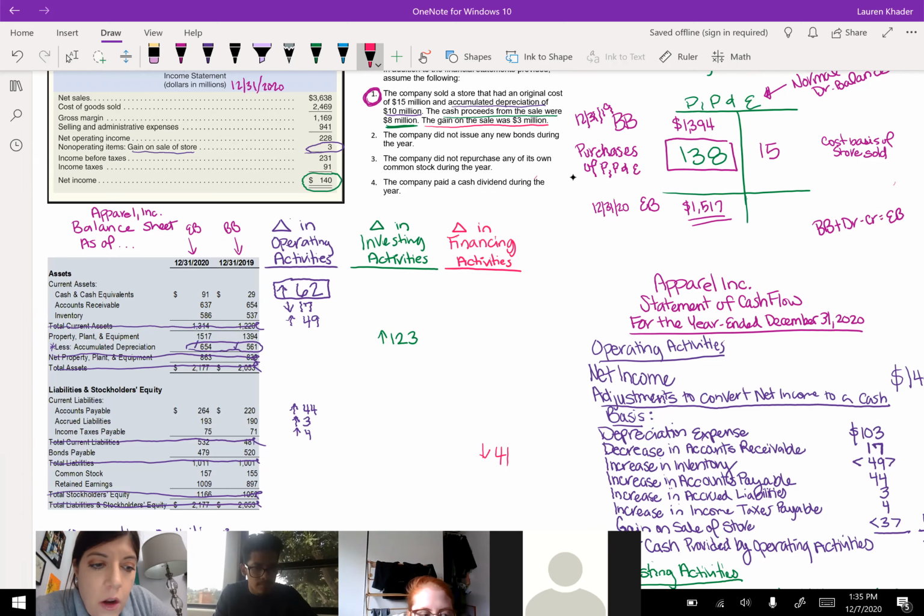And then common stock, we went from 155 to 157. An increase of two.